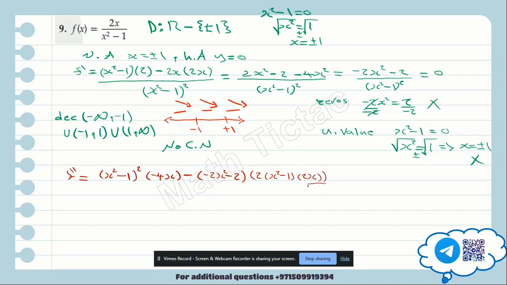Okay, so over the denominator square. So it would be x squared minus 1 square, squared again.